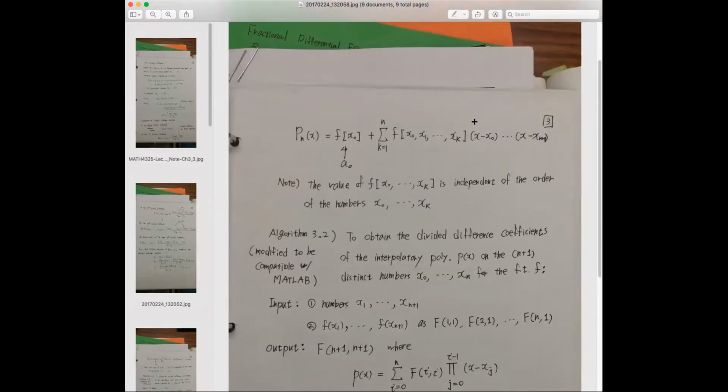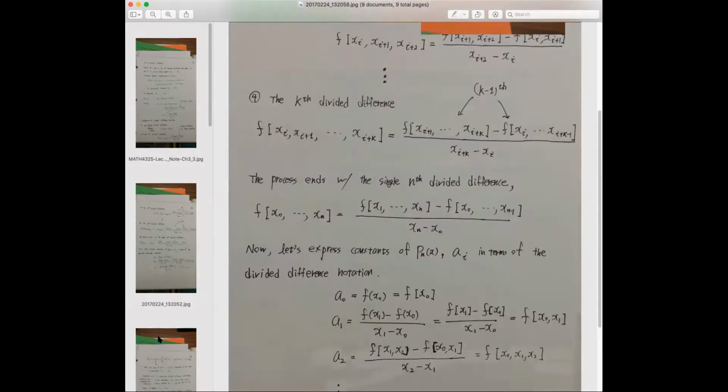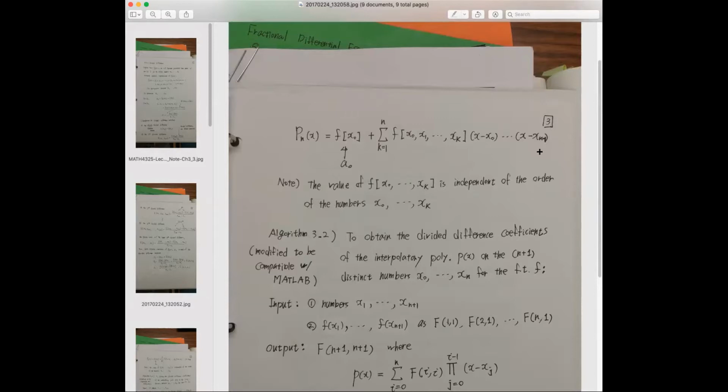So now P_n(x) can be expressed like this: f[x0], the zeroth divided difference, which means a sub 0, plus the sum over k of f[x0 through xk], the kth divided difference, that means a sub k, times (x minus x0) through (x minus x_{k-1}). So for k equals 1, we get x minus x0 only, a1 times (x minus x0).